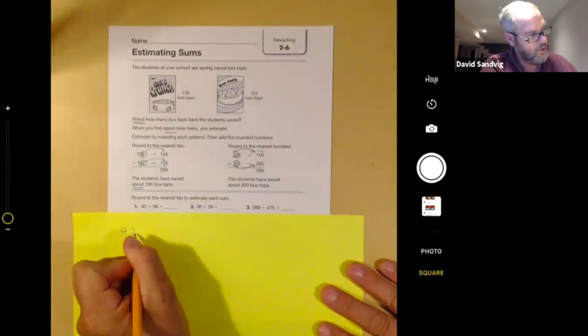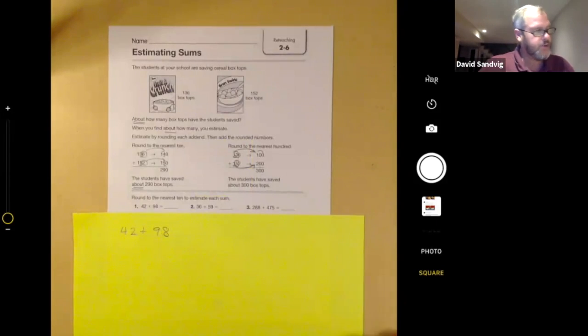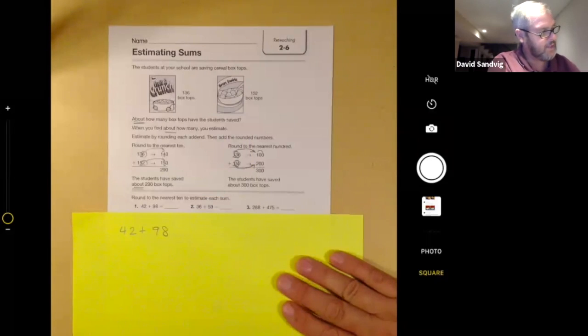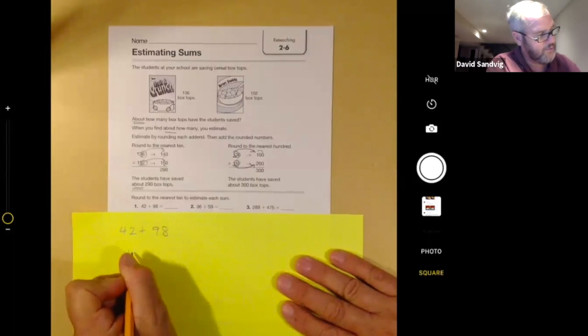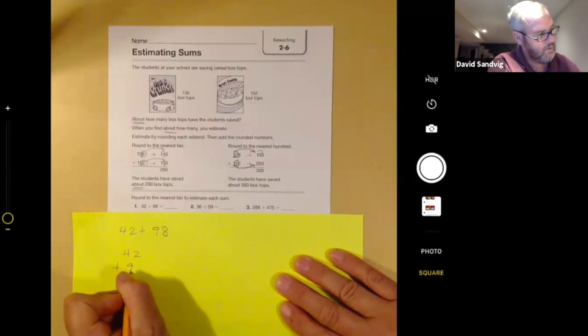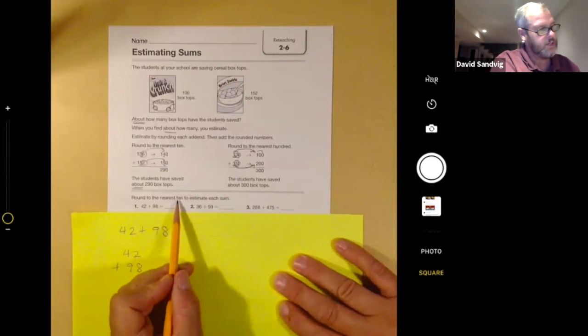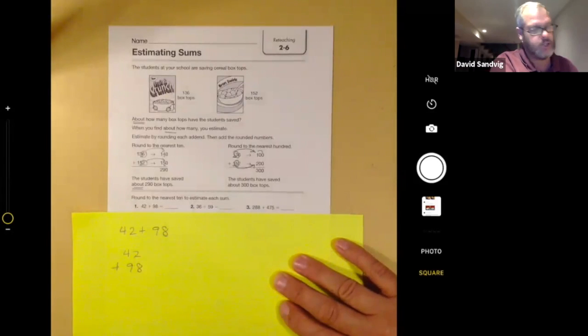42 plus 98. Do you see a difference in the way it was written compared to the examples up above? The examples up above were stacked. It might make it easier for us if we followed that format. In the directions, it says round to the nearest 10 to estimate each sum.